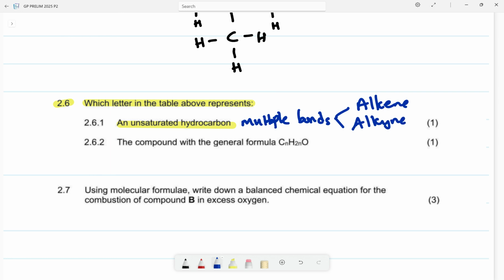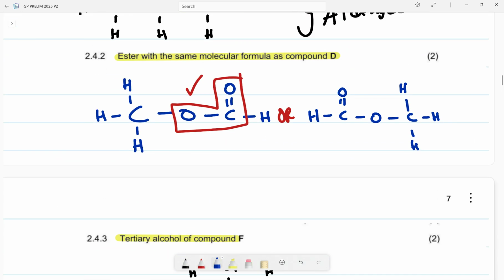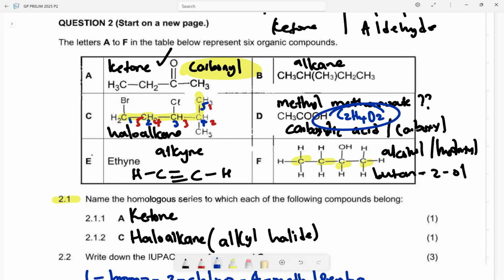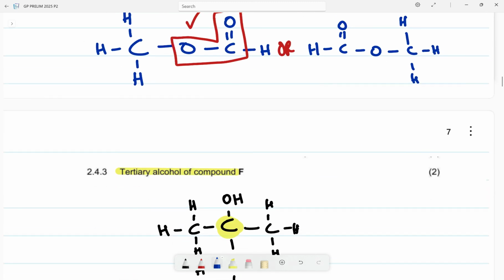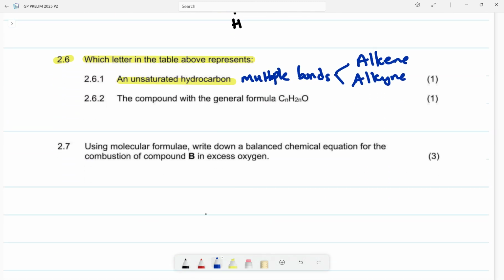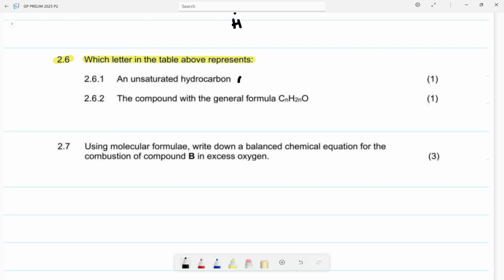So let's look for alkene or alkyne in our group. In our table, I can see alkyne at number E, and I do not see an alkene. This one is saturated because it contains single bonds. So number E is the most correct answer for me.